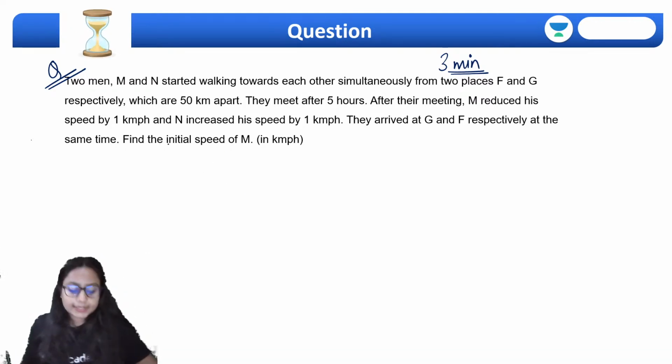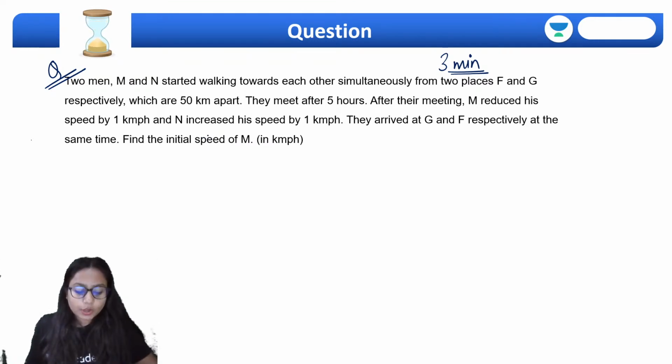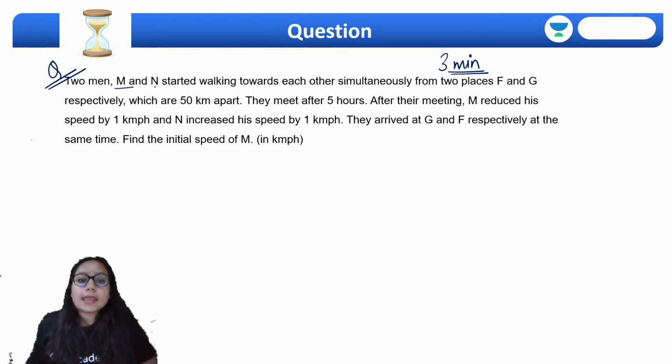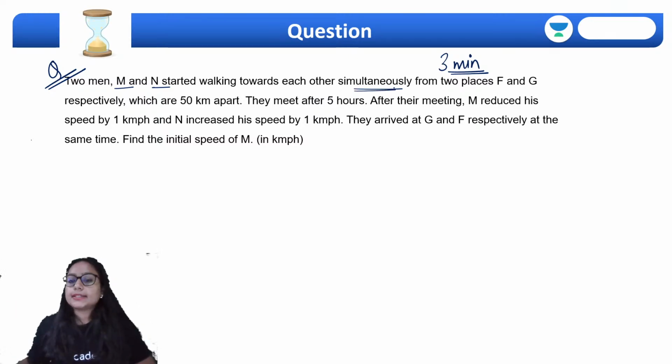Yes, Tanya, I think you might have done some calculation mistake. Your answer is differing by just 0.5. Let's see this. Two men, M and N, start walking towards each other simultaneously, means at the same time.